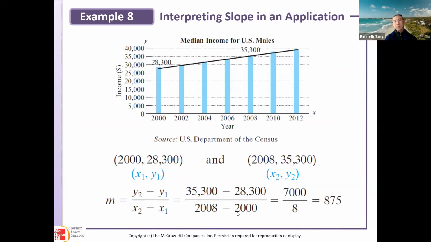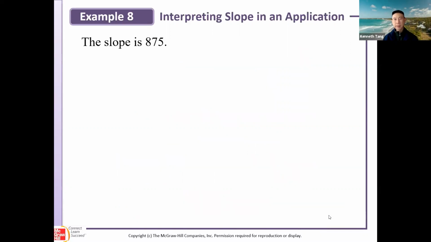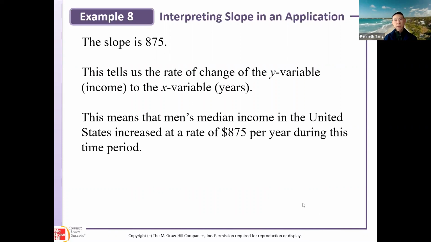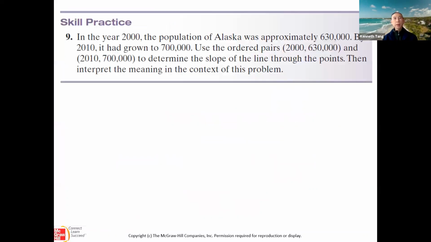When you simplify that, you get 875. So the slope is 875. That means the median income in the United States increased at the rate of 875 per year during the time period.